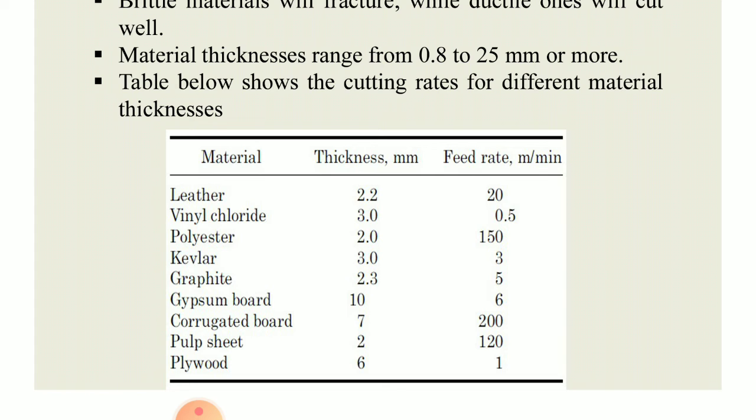Apart from sheet metal, we can cut almost all the metals, all the materials. But again, one precautionary measure is the use of fluid, whether we are using oil or we are using water, right? And their respective feed rate is mentioned here.